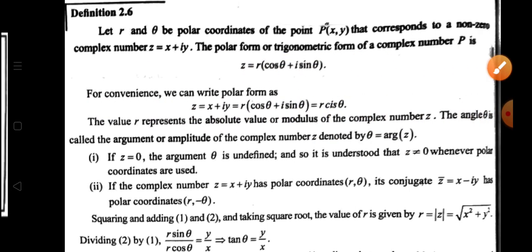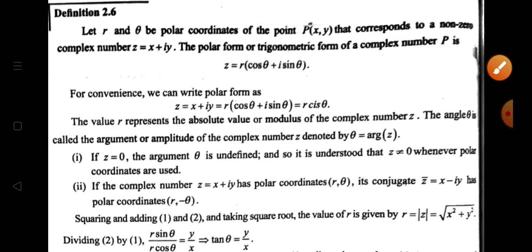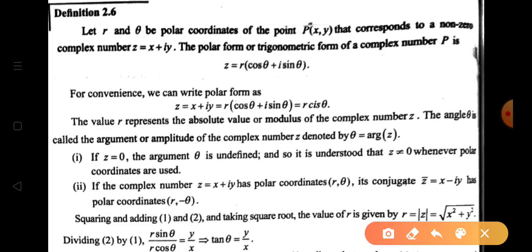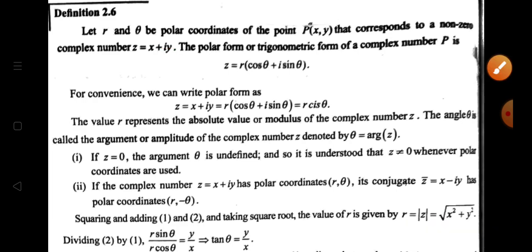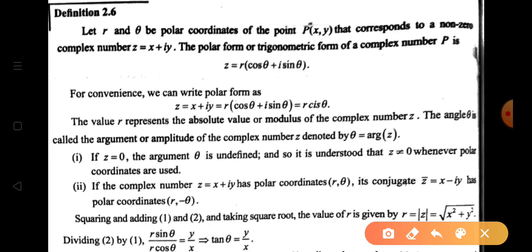Next, definition 2.6. Let r and theta be the polar coordinates of the point P of x comma y that corresponds to a non-zero complex number z equal to x plus iy. The polar form or trigonometric form of a complex number is z equal to r into cos theta plus i sin theta.